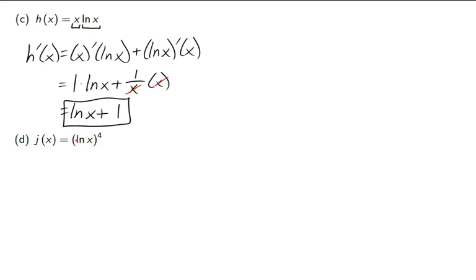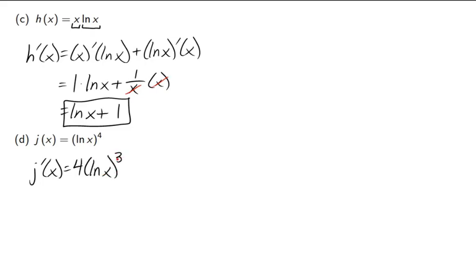Next one. This time I've got the natural log of x function inside of a fourth power. Now when that happens, it is a chain rule, but the inside is the natural log of x this time, whereas before it was the inside of the log. So I think of this like u to the fourth. U to the fourth would be 4u cubed when I take the derivative of it.